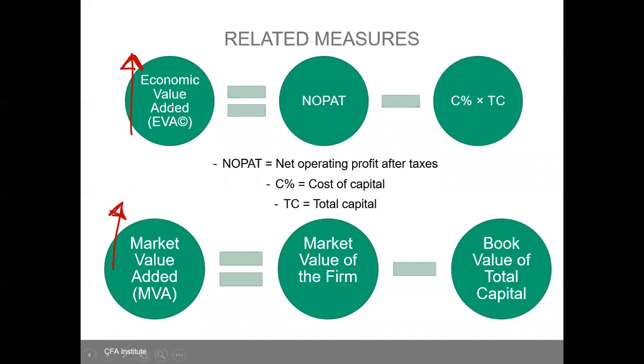If the firm generates positive economic value added, do you expect that market value added is likely to be a positive number? So that is the reason that how these two are integrated or how these two are linked.